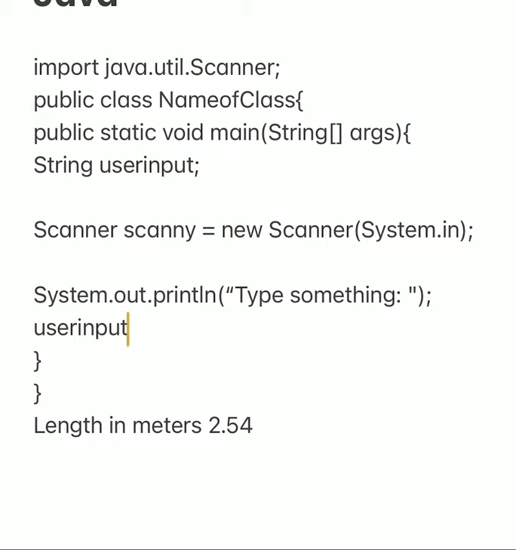Remember, we declared our string to be named userInput. So we're going to say userInput equals scanny, which was what we called our scanner object, dot nextLine, which essentially just picks up what the user types in. So nextLine: next is lowercase, Line has the L capitalized, open parenthesis, close parenthesis, and then semicolon. So that's scanny.nextLine.